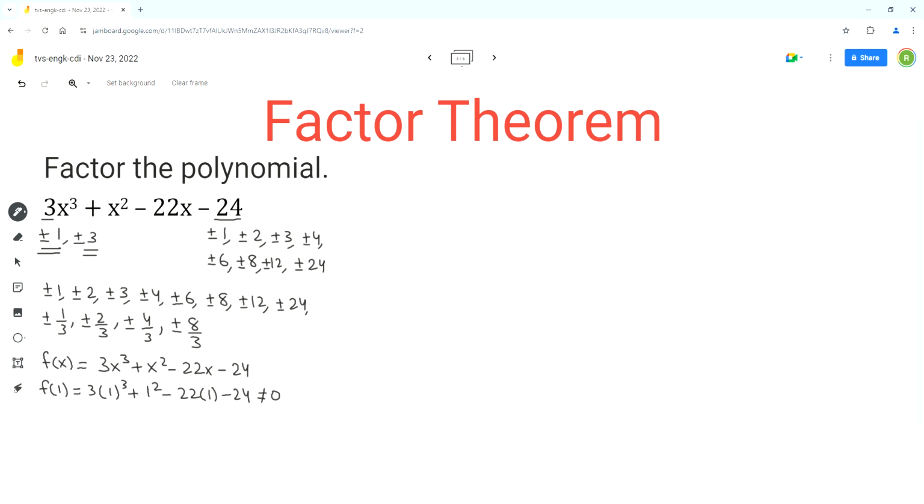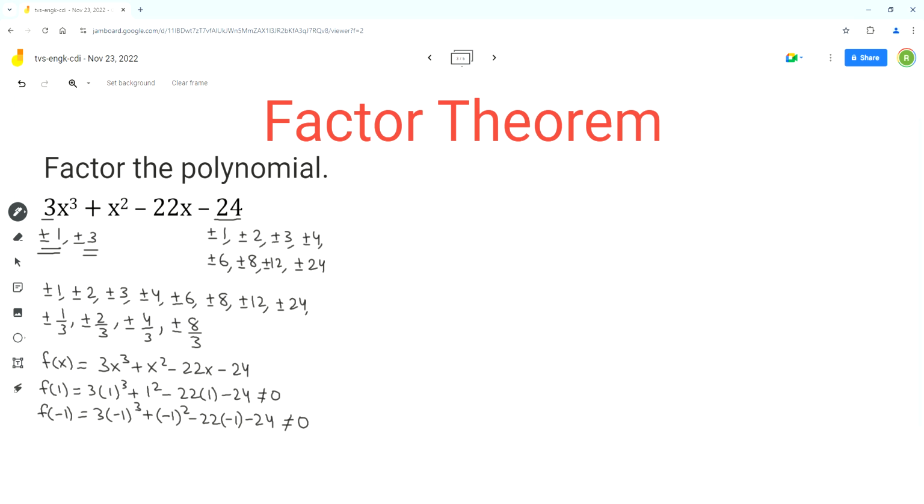Let's try the next x value, negative 1. The value of this expression is also not equal to 0. That means x equals negative 1 doesn't work for us.